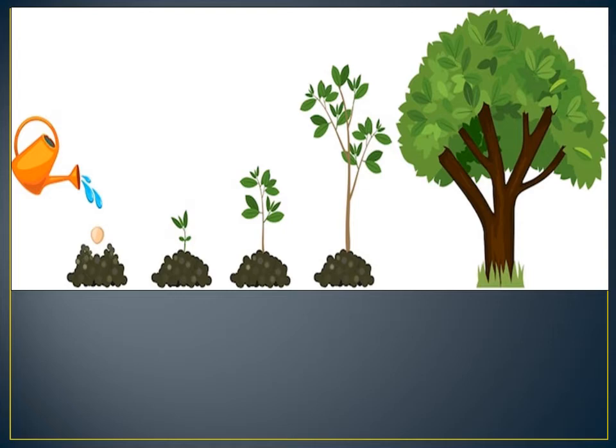So, at first, we sow a seed into the soil. After that, the seed becomes a plant, and then the plant becomes a big tree. So this is the growth cycle of a plant.